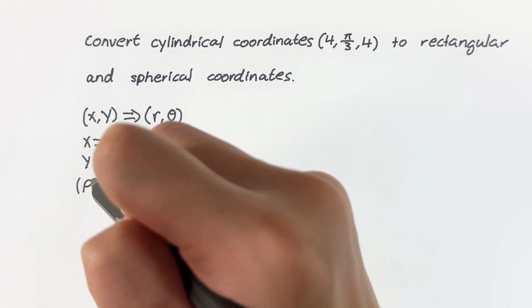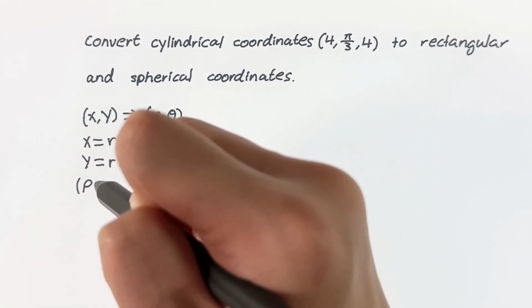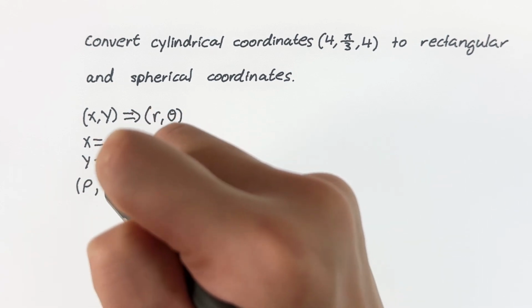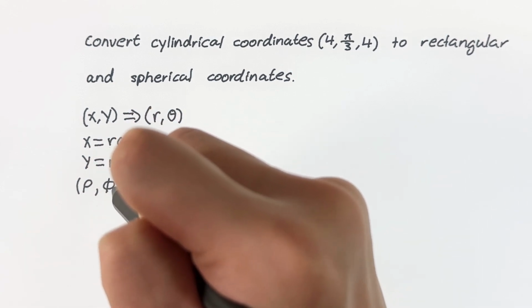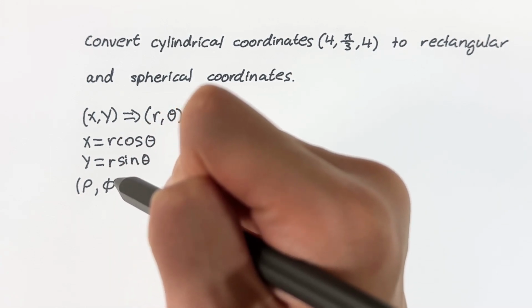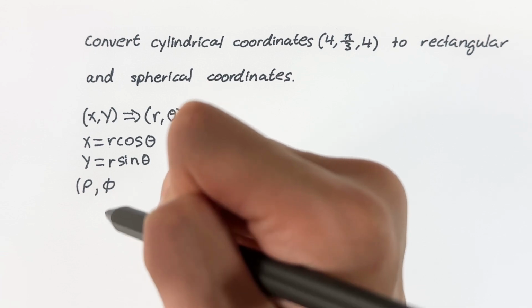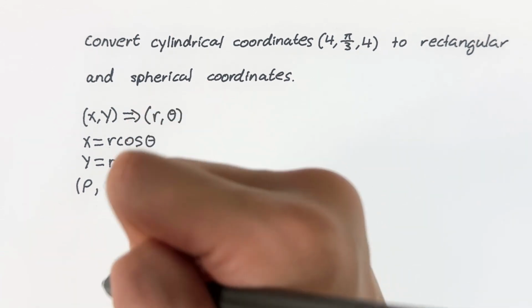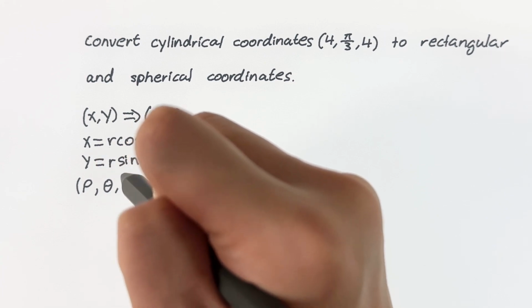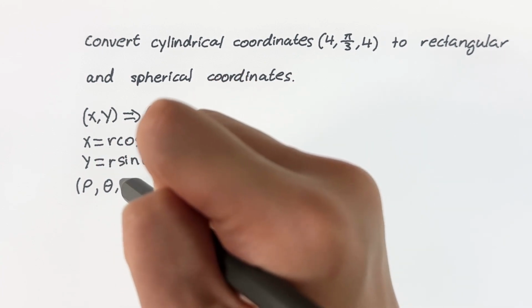And then the second coordinate is known as phi, which is also a Greek letter. And then the middle coordinate is still theta. So it will be rho, theta, and phi.